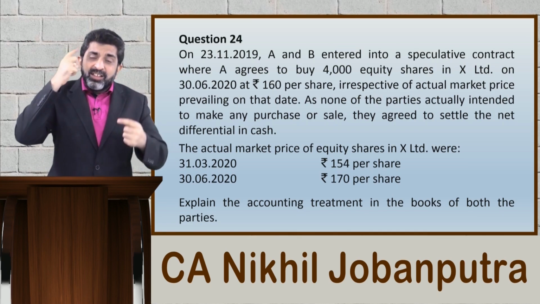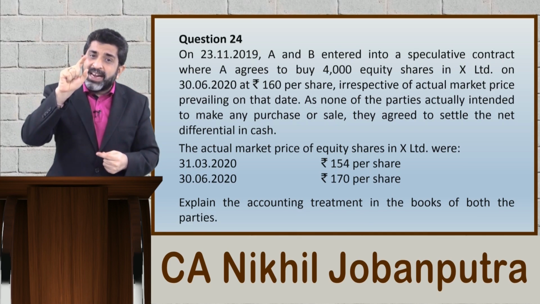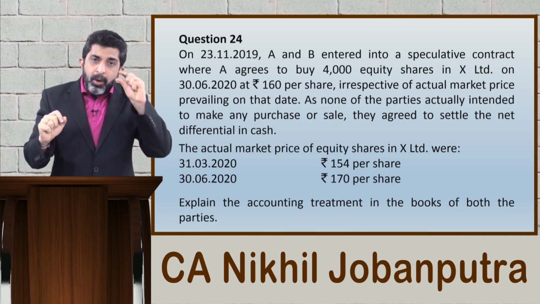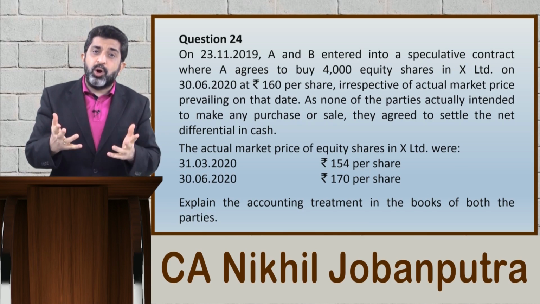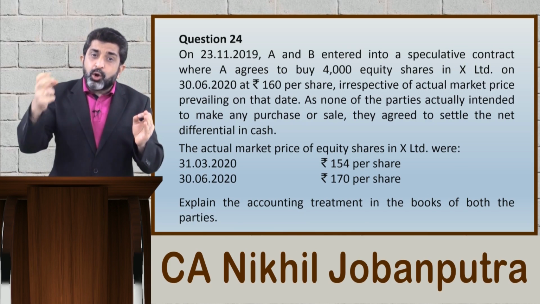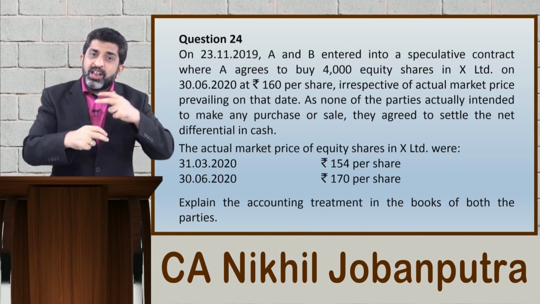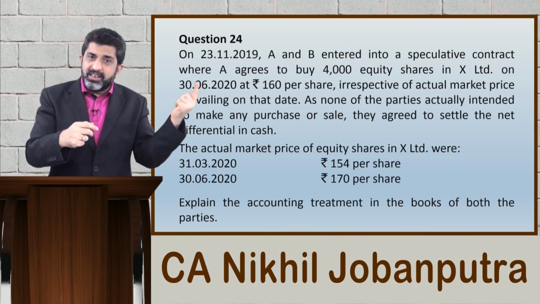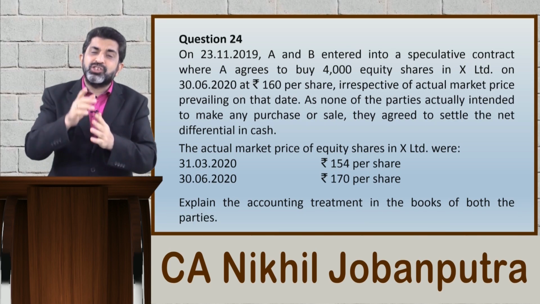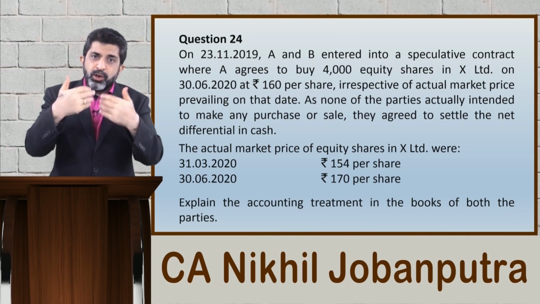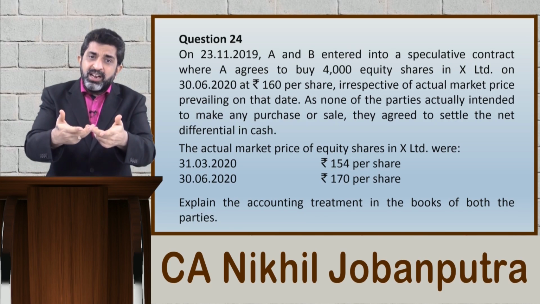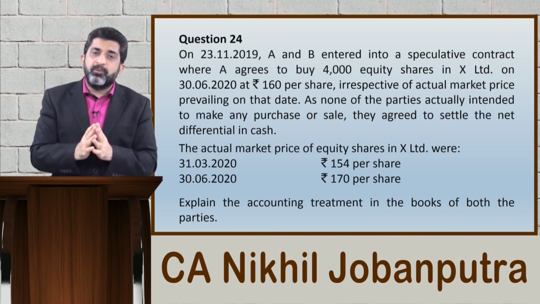Now, recollect the component of the definition of financial assets. One of the components of the definition of a financial asset was what? A financial asset is a contractual right to exchange financial assets with another entity under conditions that are potentially favorable to the entity. So, for you, it has become a favorable condition, what became unfavorable for me.